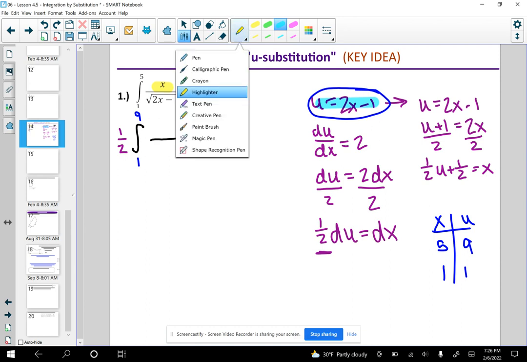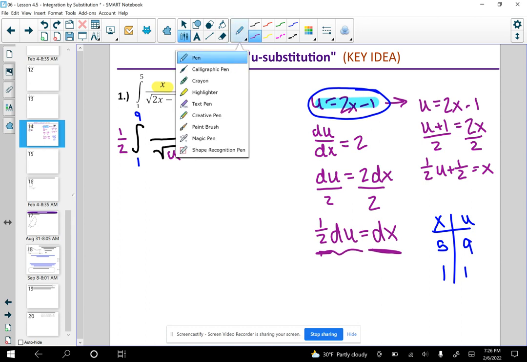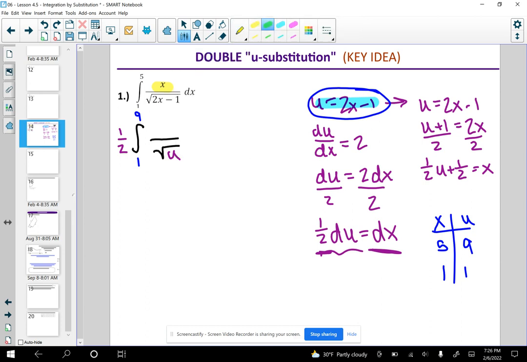So within my integrand, in my denominator, I have the square root of u. And then I replaced dx with 1/2 du from this down here. So I'm replacing the dx with du, and I already took care of the 1/2.